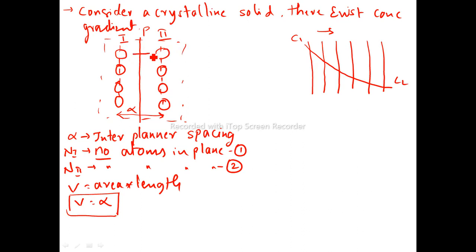The flux from plane 1 is considered as J plus, and the flux from plane 2 is considered as J minus. One more term is the number of successful jumps, given as gamma.